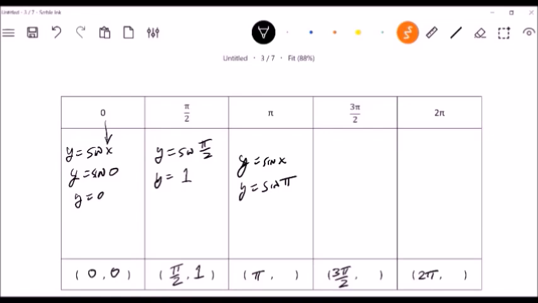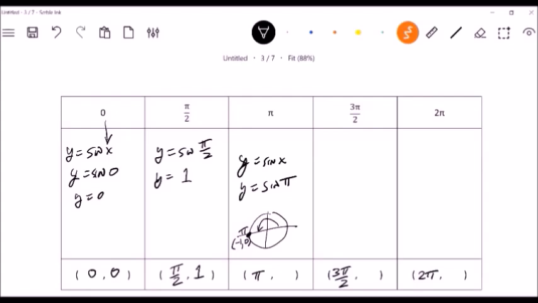Sine of pi. And when you're at pi, around the unit circle, that's just as a quick reminder. So over to here is where pi is. And at that point, the x value is -1 and the y value is 0.